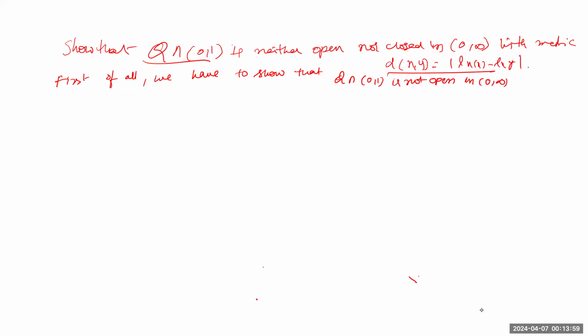Let us say this is A. A is not open means I want to take one point X belongs to A, which implies X does not belong to the interior of A. That is, X is not an interior point of A.